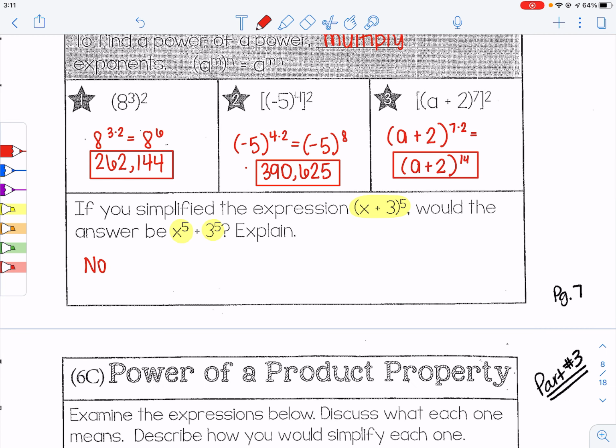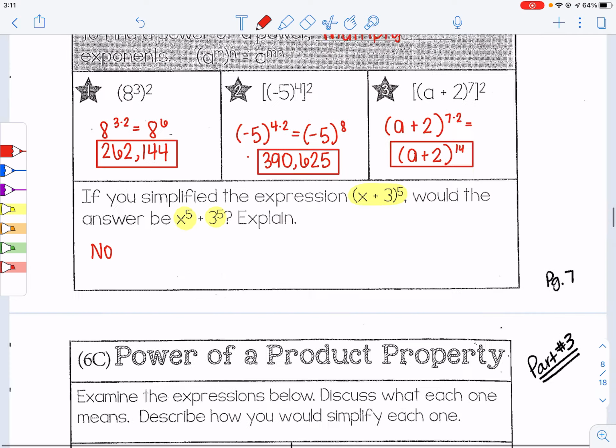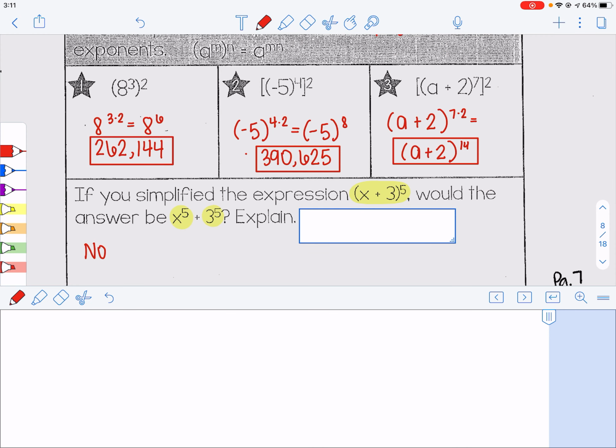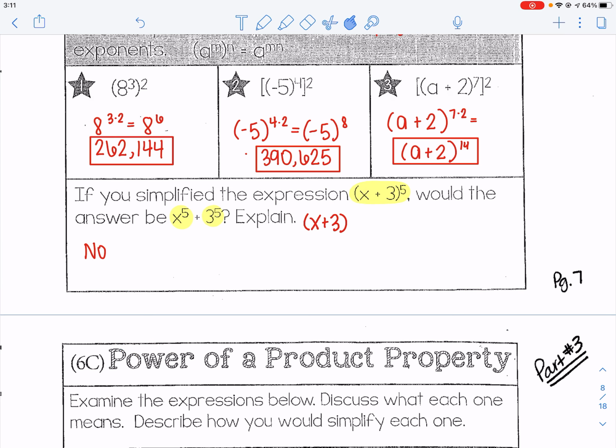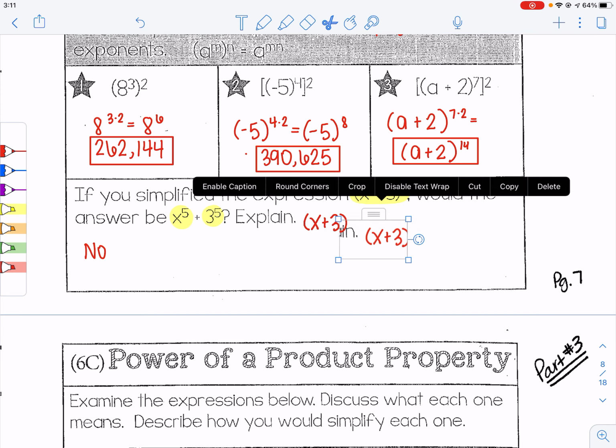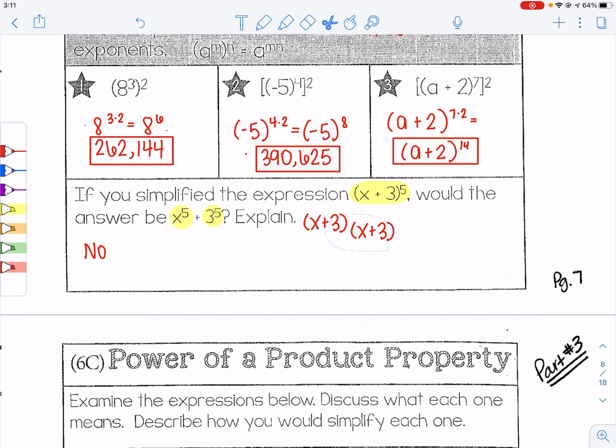because when you take x plus 3 to the 5th, that's like doing x plus 3 times x plus 3, doing that 5 times. So there's once. There's another time, so it's twice. 3 times. 4 times.